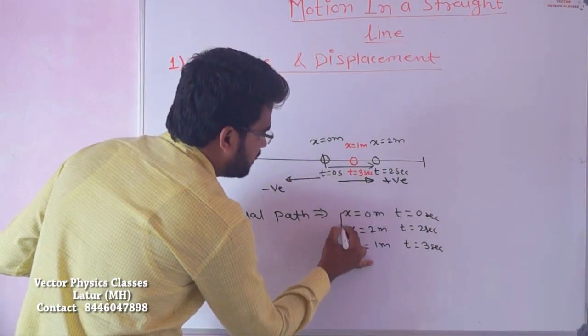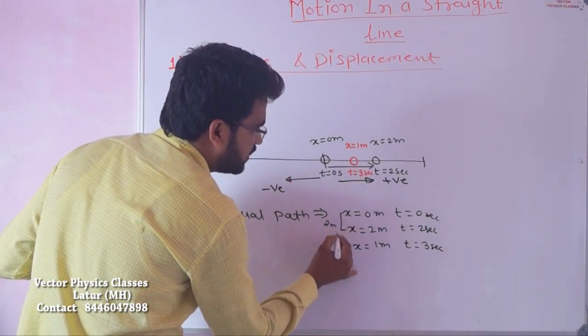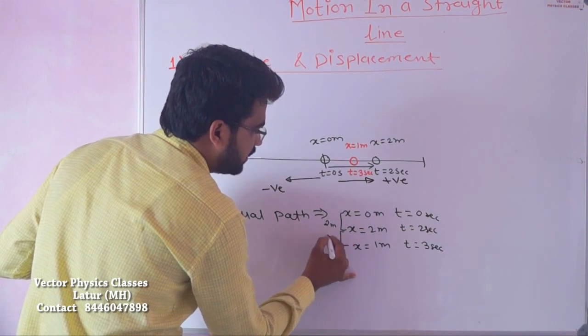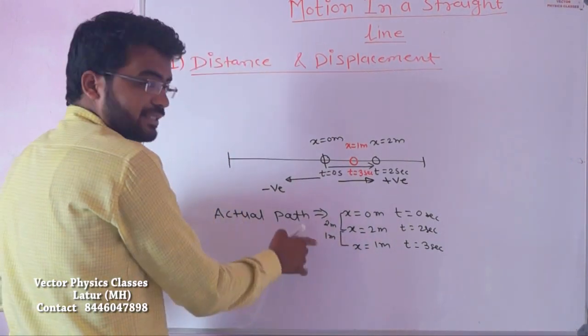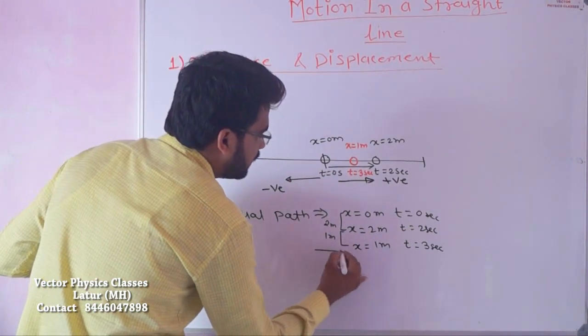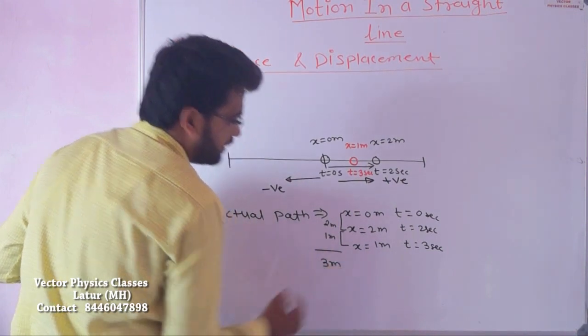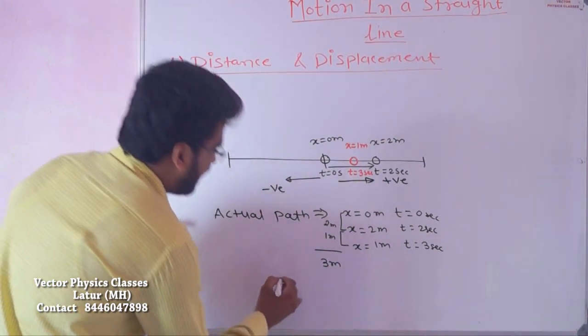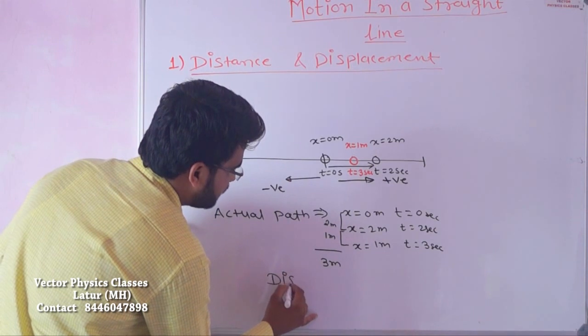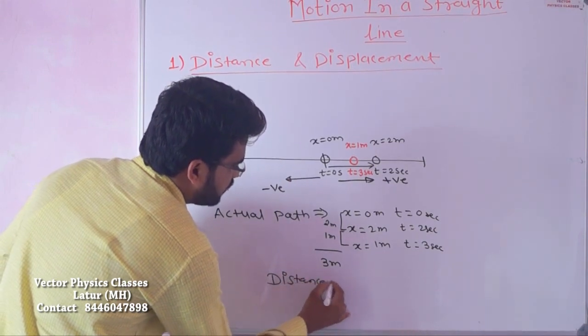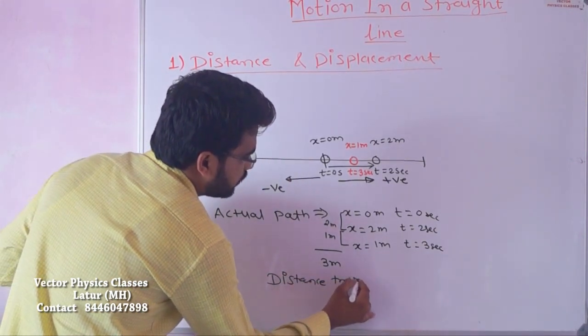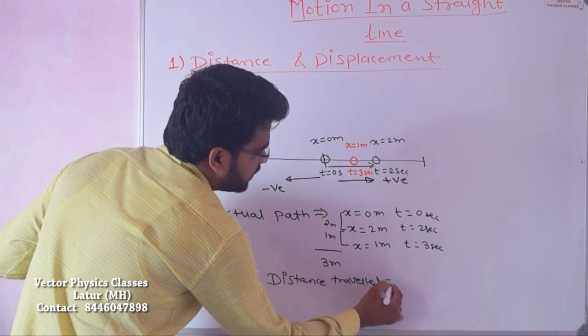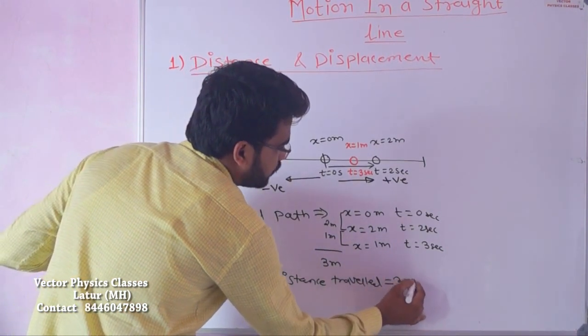So 0 to 2 meter, actual path is 2 meter, and then 2 to 1 meter, this is 1 meter distance. So in all, actual path traveled is 3 meters. So you can write distance traveled by object is equal to 3 meters.